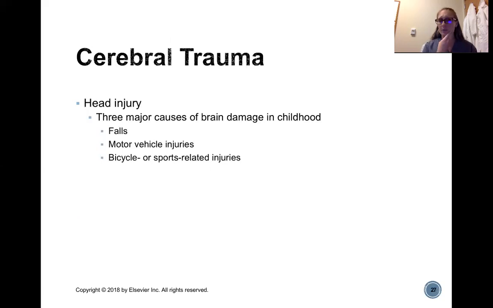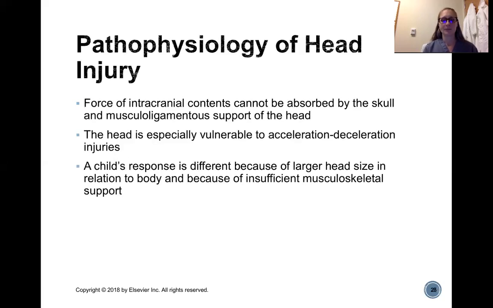Like I said, the most common cause of an increase in intracranial pressure is cerebral trauma. So we have falls, motor vehicle accidents, and bicycle or sports-related injuries being the top of our list there. When we have a head injury, there's a couple different ways that the brain can be injured.